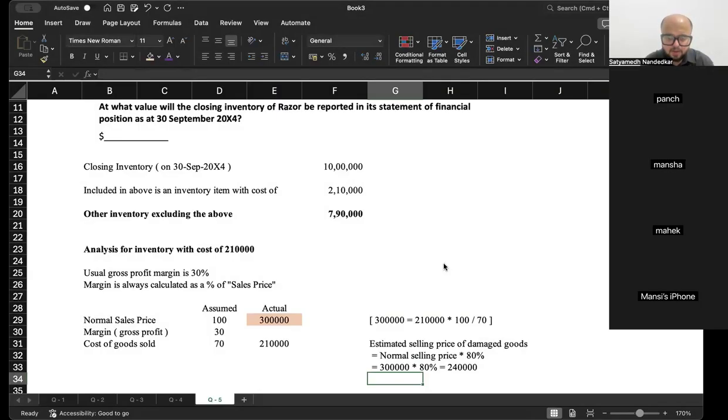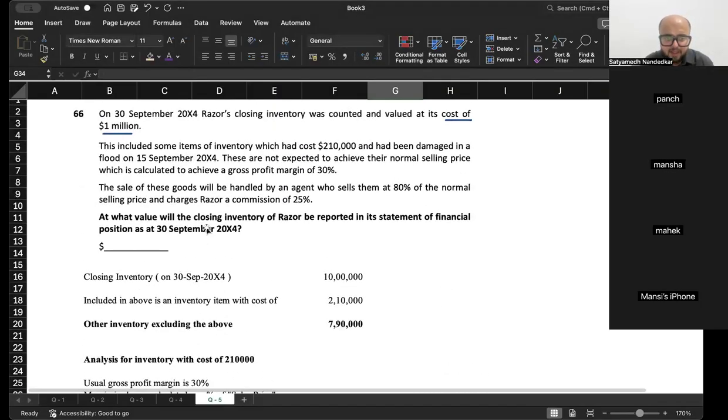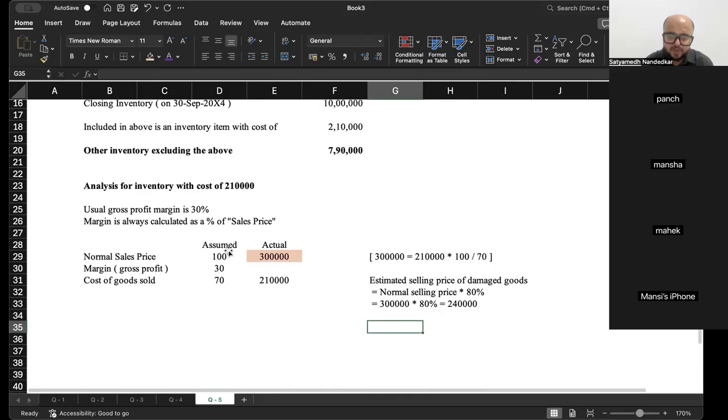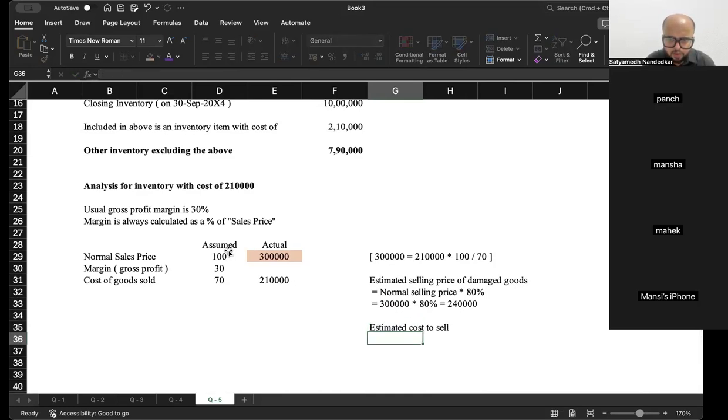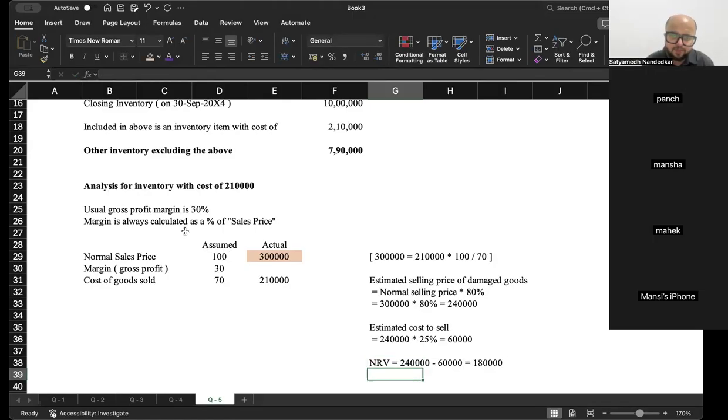This is your estimated selling price, and he charged a commission of 25%. So estimated cost to sell is 2,40,000 into 25%, which is 60,000. Make sense? So what is NRV? NRV is 2,40,000 minus 60,000, which is 1,80,000.